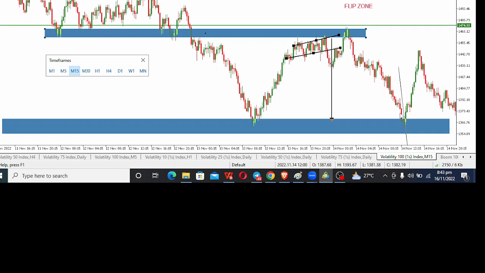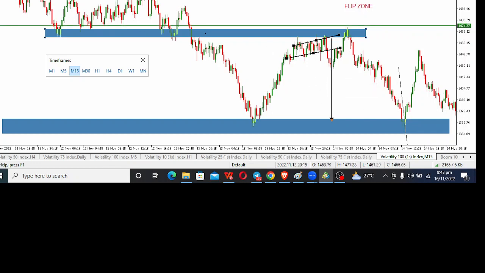Once you have the setup, you need to be confident in it, and then you can pick your trade and hold it. Even though I picked the trade here, it didn't go direct, but it went up to the same zone and then strongly moved down here.